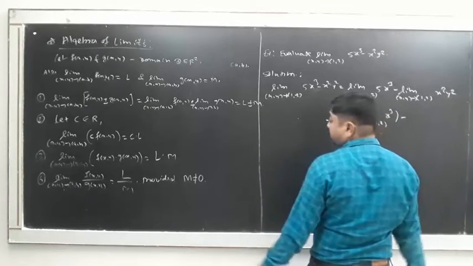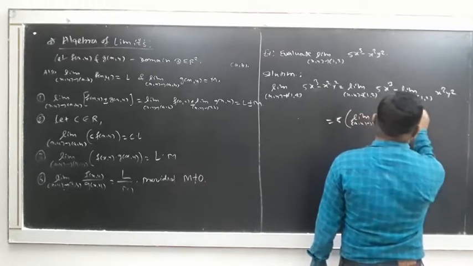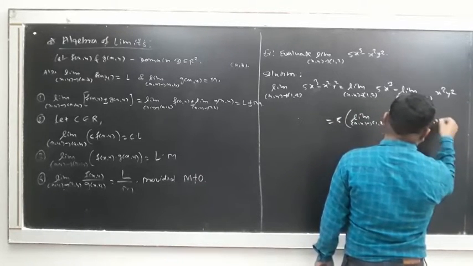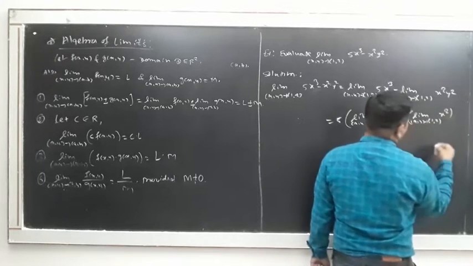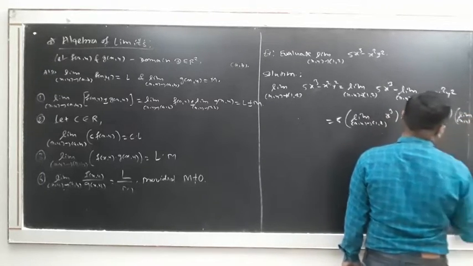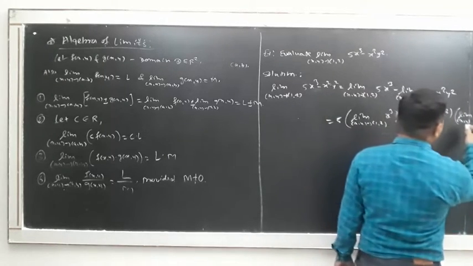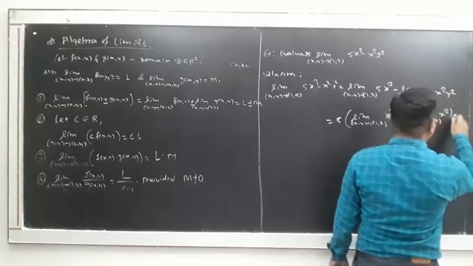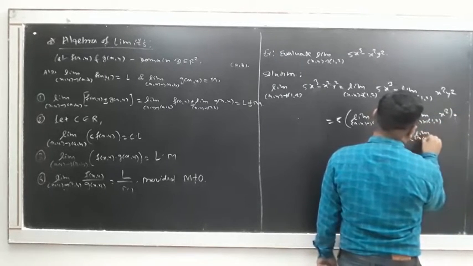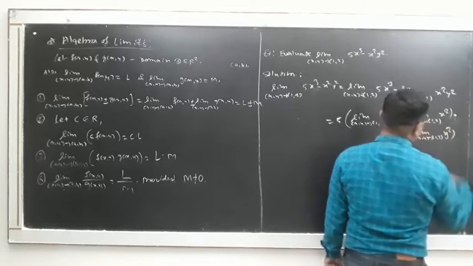Here we have to use the third rule, so we can separate the limit of the function x square into limit xy tends to 1, 2, of y square.